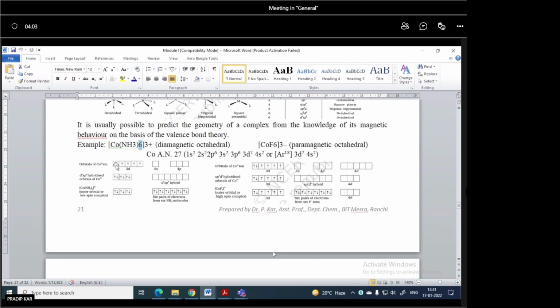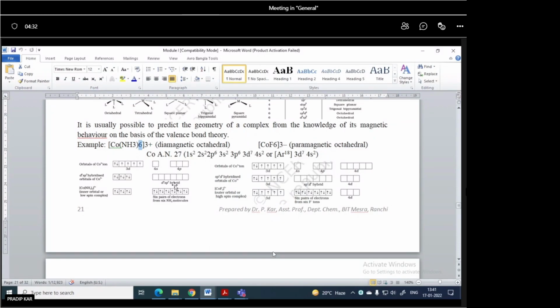To accept the pair of electrons, 6 orbitals must be free. To keep 6 orbitals free, we have to take the 2 inner d orbitals, as here 3 and 4, 4 orbitals are present, so we are taking the 2. And it is d2sp3 hybridized. You have to write d first, not sp3d2. This is wrong.